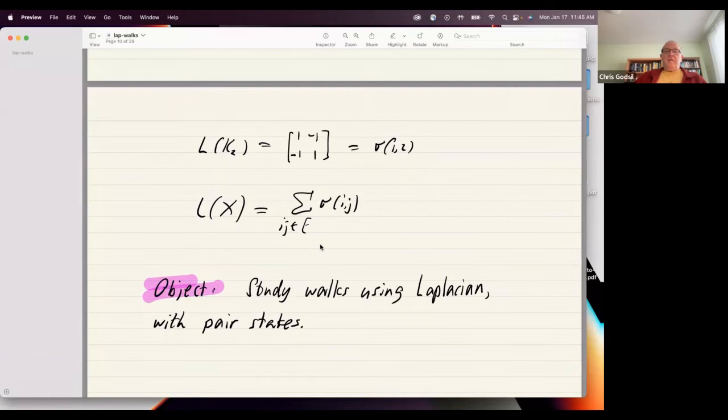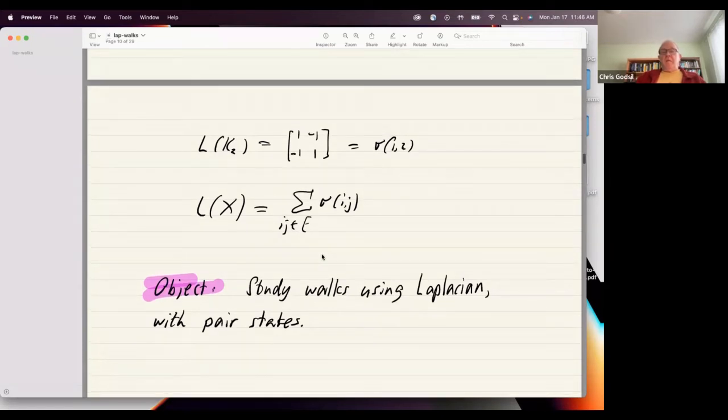That's straightforward enough. We've been interested in continuous walks on Laplacians, and people have looked at walks using vertex states, but it occurred to me, given that we have all these pair states, what about looking at transfer between pair states?